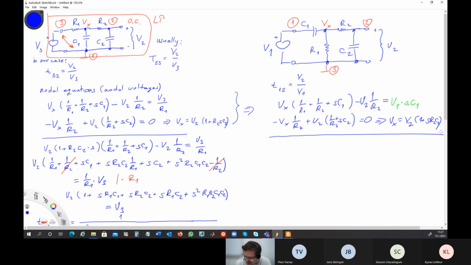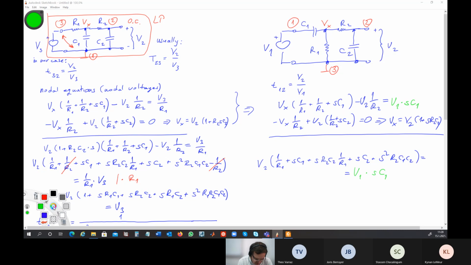Okay. And now it's very easy to see that all this here is the same, except this on the right side, which is V2 (1 over R1 plus SC1, because 1 over R2 is deleted, plus SR2C2 (1 over R1 plus SC2) plus S square R2 C1 C2). And this is equal to V1 times SC1.